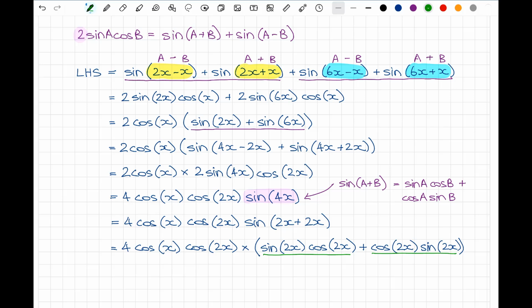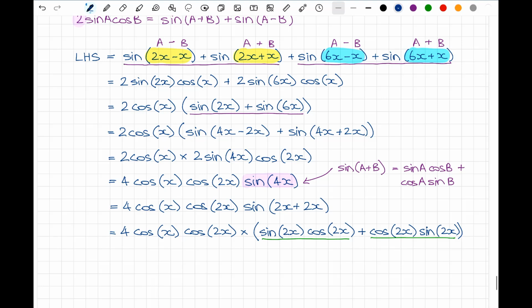So I can actually write that as 4 cosine of x cosine of 2x times 2 of sine 2x cos 2x. And again, that's useful because I've now gotten even closer to 16 because 4 times 2 is 8.